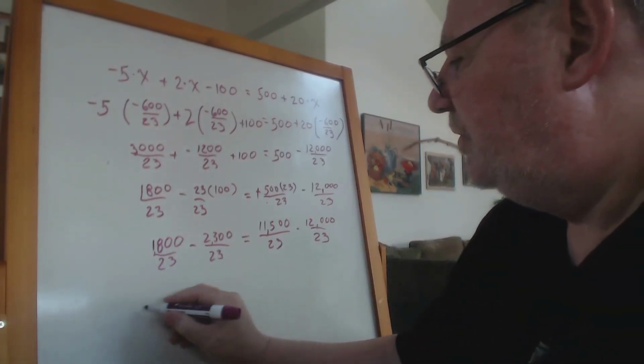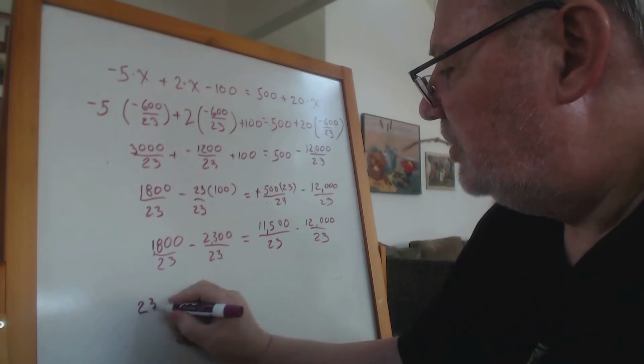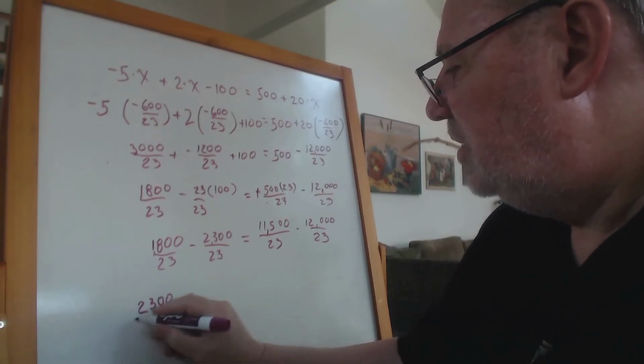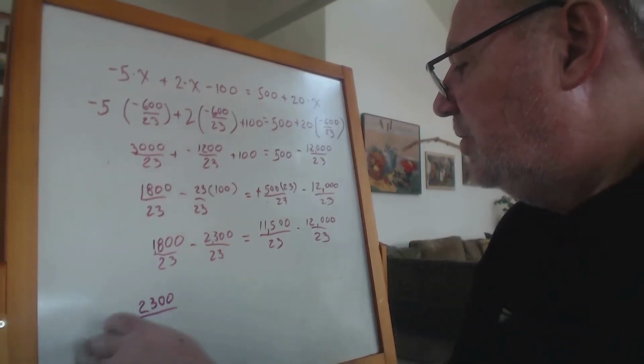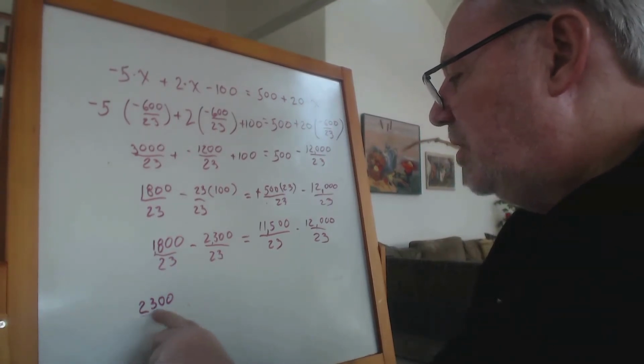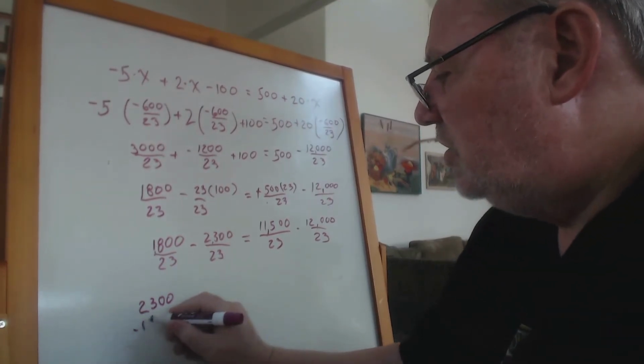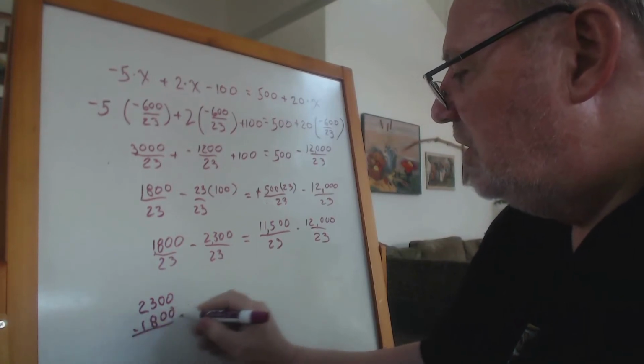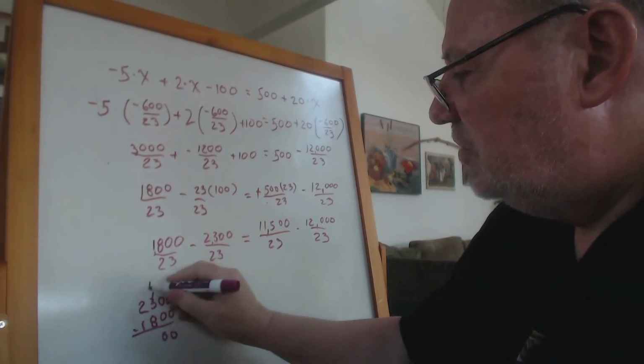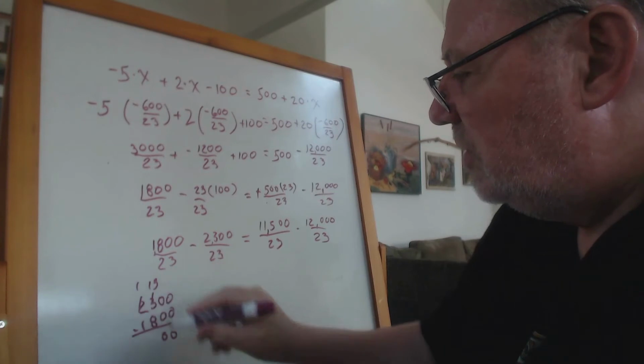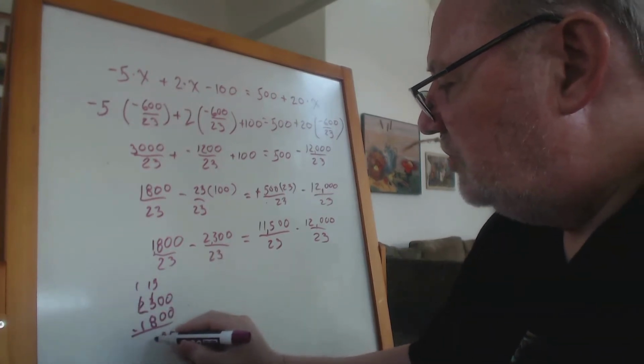So the difference between 2,300 and 1,800, whoops, minus 1,800, is minus 500.